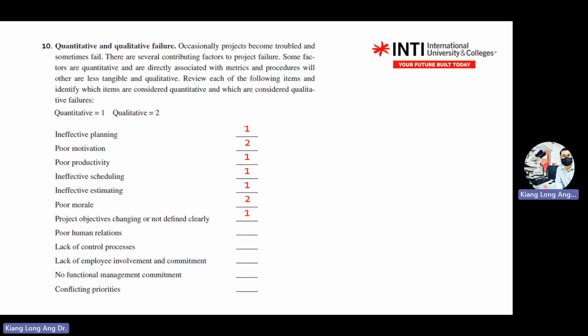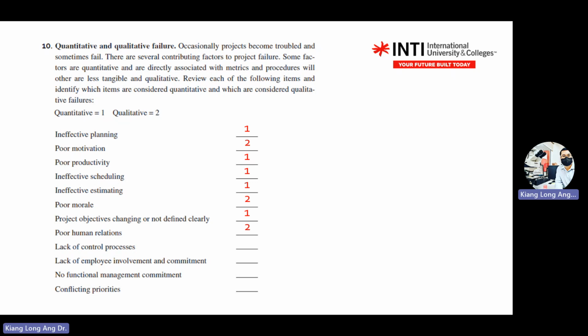So when you do your FYP later, you need to write your objectives. Objective 1, objective 2, objective 3. Make sure you put in quantitative statements there. If not, some lecturer will ask you on the objective. Another hint here, it tells you cannot define clearly. The word define is actually a very specific word you can go and measure. Okay, poor human relationship, cannot. You cannot measure relationship.